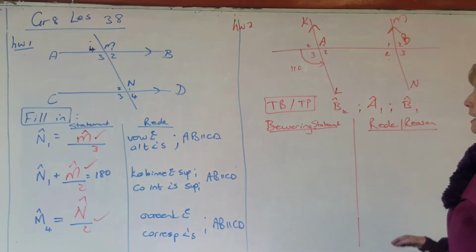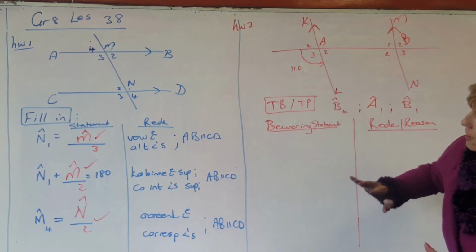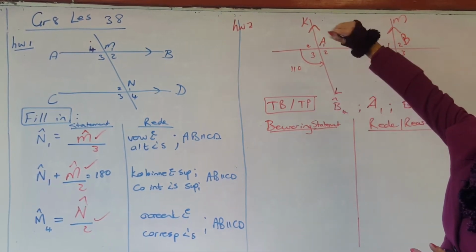So where is B4 according to that one? Now you can go and look again. Guys, you can turn your head around like this and say this is top left, top right.